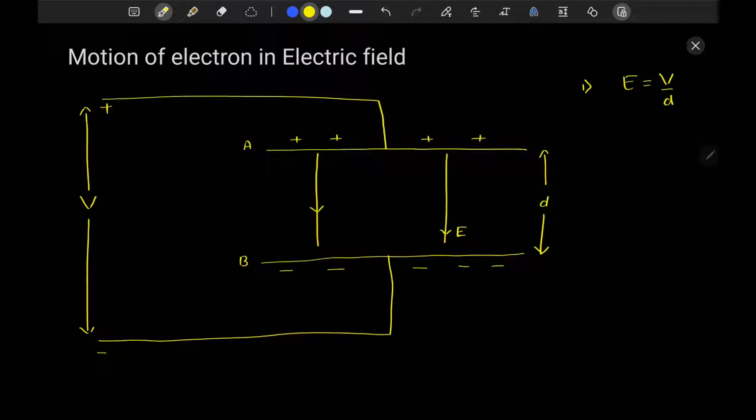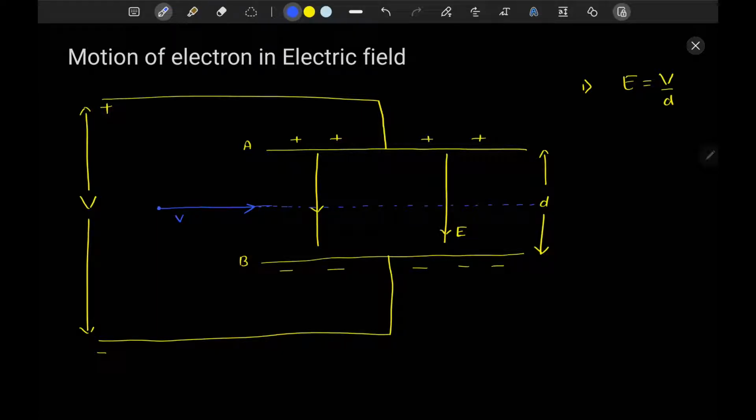Now if a fast moving electron is allowed to enter this region with velocity v, then the path of the electron will be deviated from its actual straight line path.